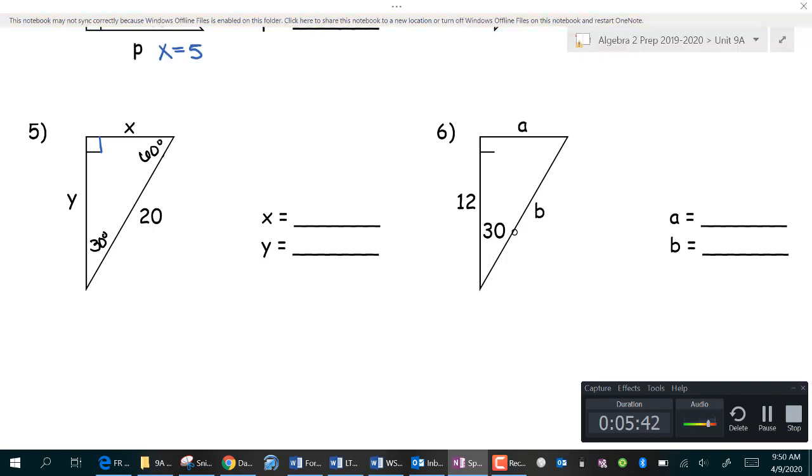So across from 30 is my X, across from 60 is X root 3, and across from the 90 is 2X. So this time I gave you that the side across from the 90 is 20. So I'm going to say, okay, well, 2X, if that equals 20, I want to find X. So I divide both sides by 2, and I get X equals 10.